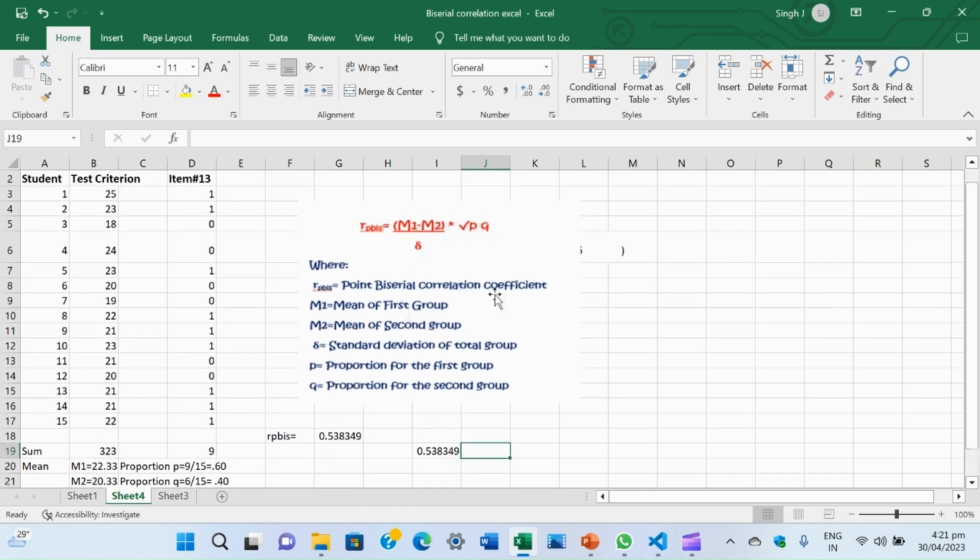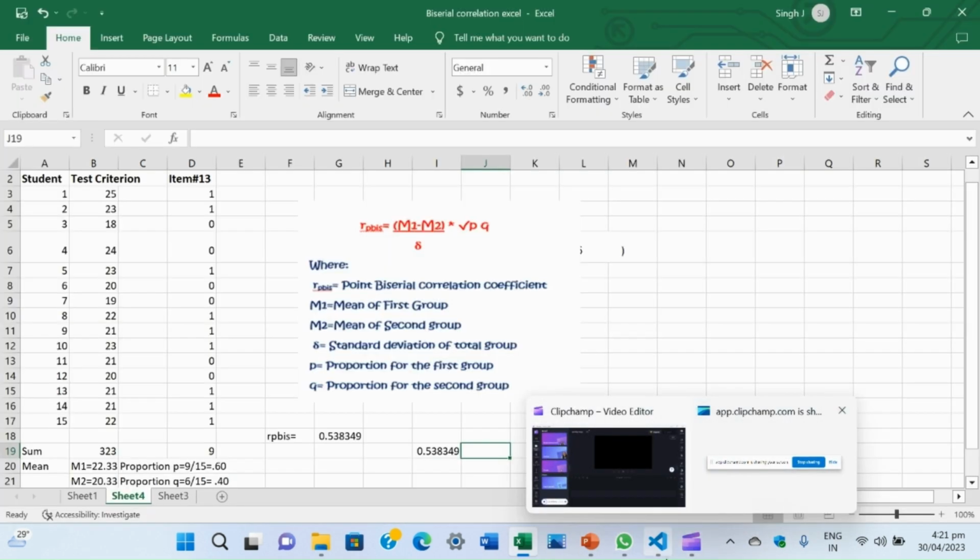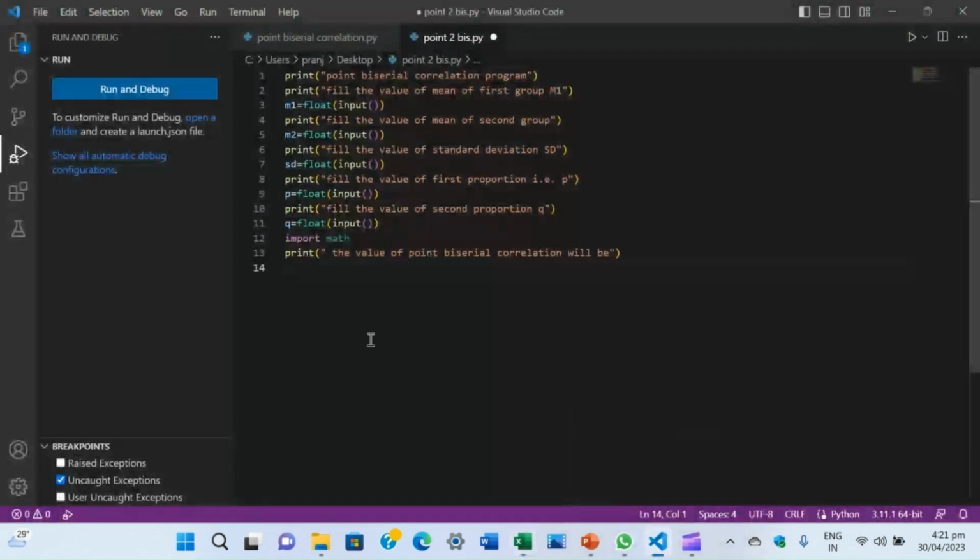For this formula, m1 minus m2 upon sigma under root pq, first we define the variable rp biserial, point biserial is equal to.